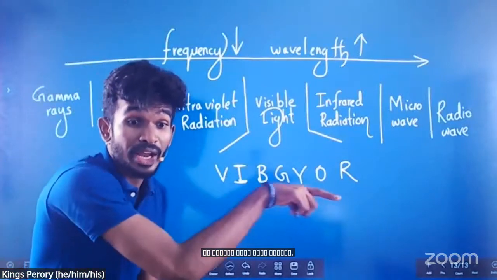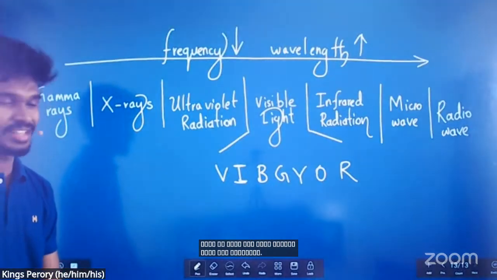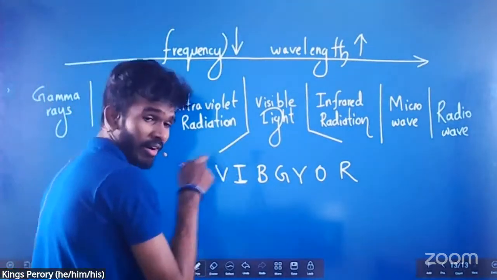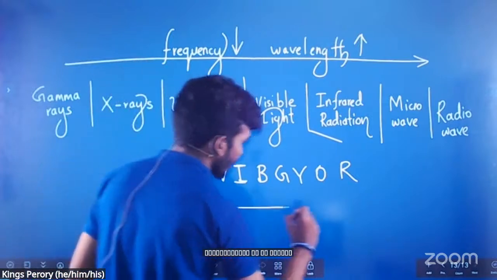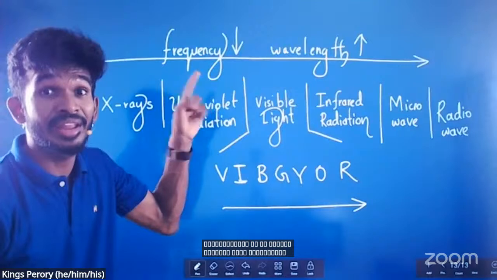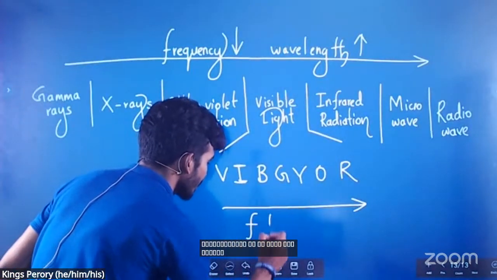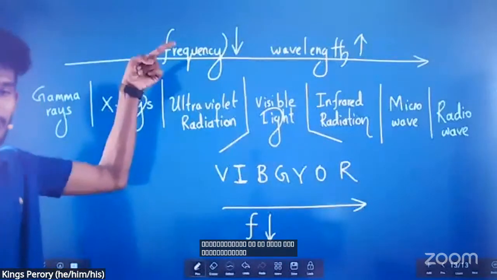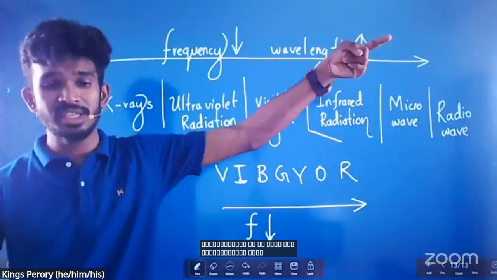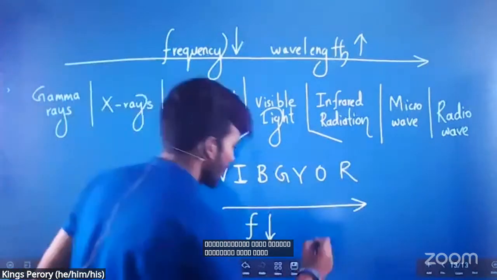If you look at this order, according to this order, violet to red, what is happening to the frequency? Frequency is decreasing. Violet to red, frequency decreases. What happens to the wavelength?